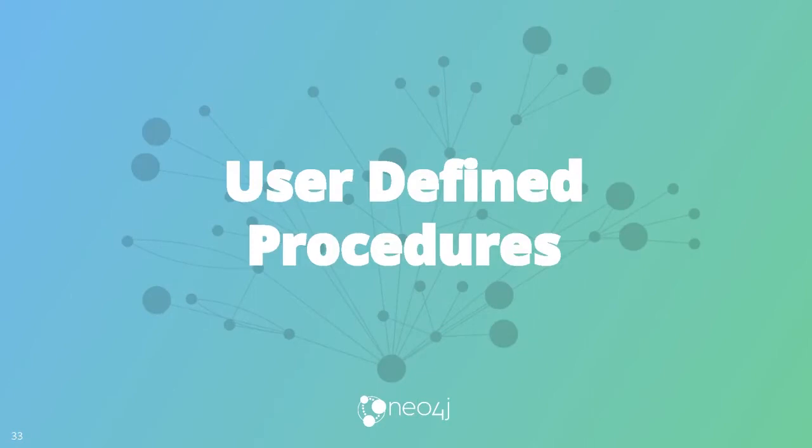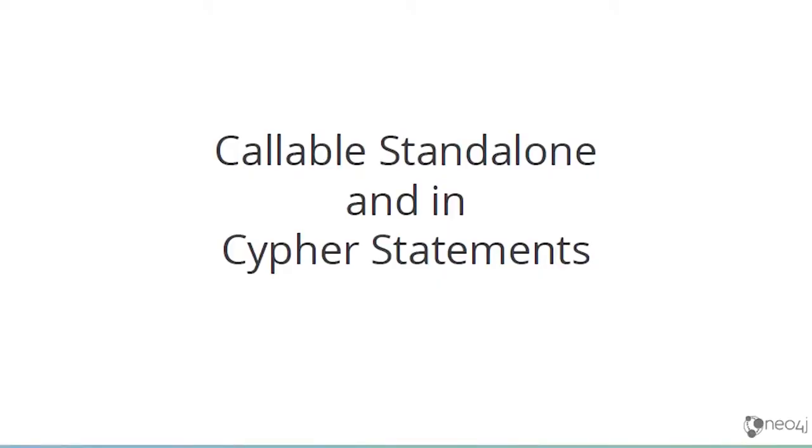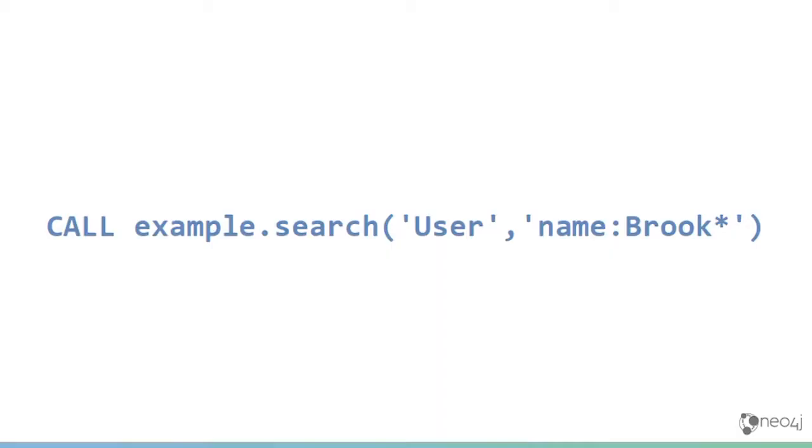User-defined procedures are callable standalone, but also inside Cypher statements. So what's that mean? Well, here's an example statement that you would pass in Cypher. So you can pass this statement just as you would pass your match clause, and it can be done using any of the standard drivers across a wide variety of different languages.